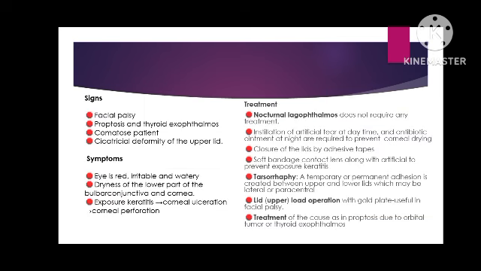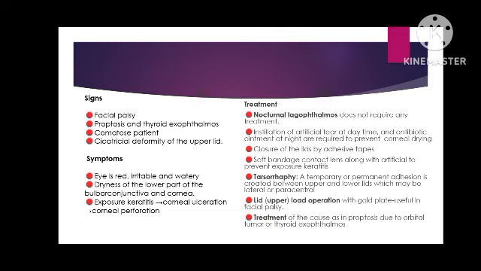Signs: facial palsy, ptosis, and thyroid exophthalmos, coma patients, and cicatricial deformations of the upper eyelid. Symptoms: the eye is red, irritable, and watery, with dryness in the lower part of the bulbar conjunctiva and cornea.